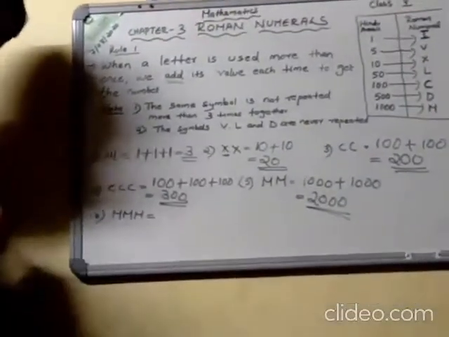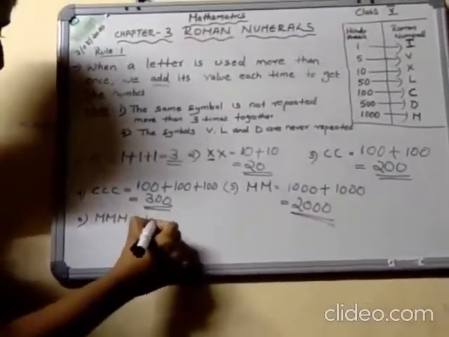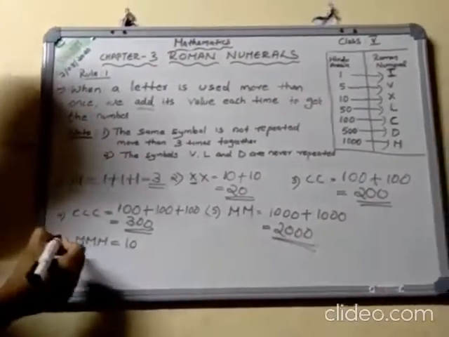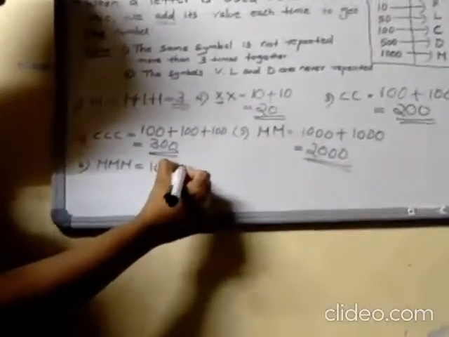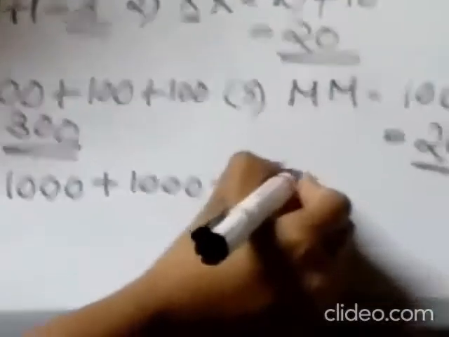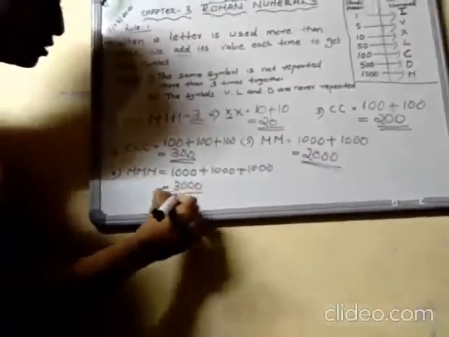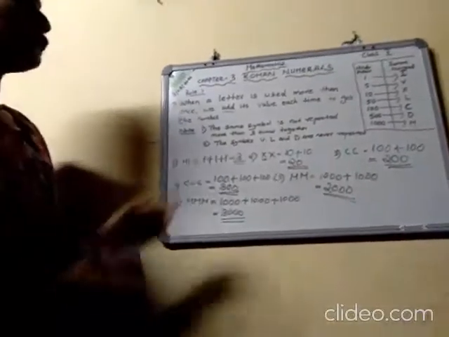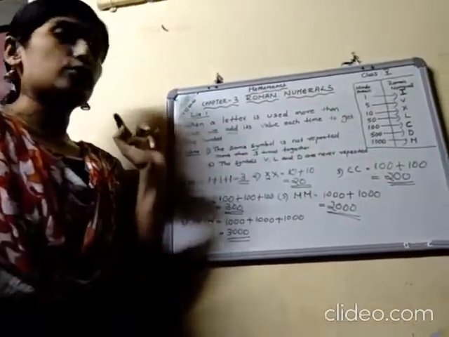What about MMM? Tell me, how will you find it? M represents 1000. So if MMM is there, what will be the value? 1000 plus 1000 plus 1000 equals 3000. So if a letter is used more than once, we add its value each time to get the number.